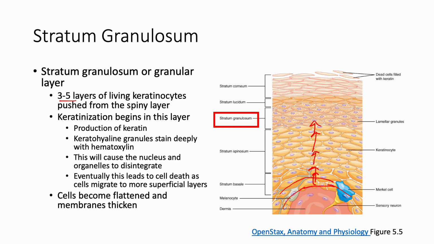So here's an important thing that we need to know about this layer, stratum granulosum, and that is the process of keratinization is going to begin. What does that mean? These keratinocytes are going to start producing the protein keratin. And in this layer, notice in the figure, it looks like there are small granules within these cells.